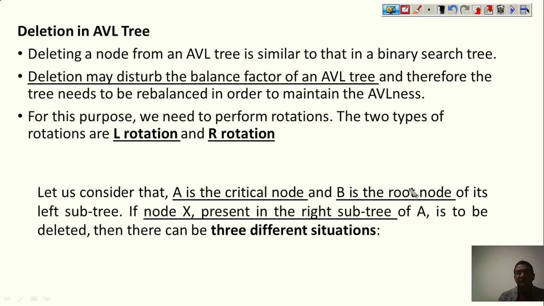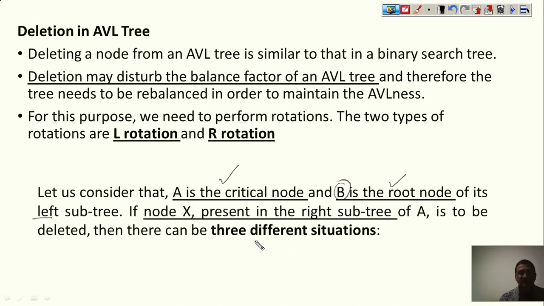B is the root node of the left subtree of A. The critical node may have a left child and a right child, and B is the root node of the left subtree. If node X present in the right subtree of A is to be deleted, then there can be three different situations.